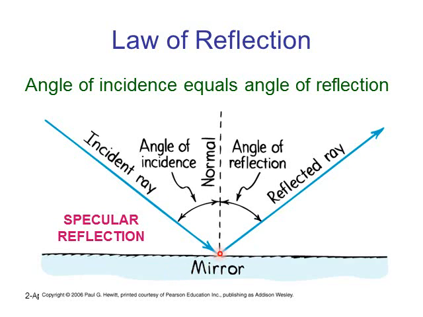For all those different surfaces, we use this normal, which is just a perpendicular line at the point of contact, where the incident ray hits the mirror and the reflected ray comes off. These two angles are always going to be the same. The angle of incidence is always going to equal the angle of reflection. So that's how you can tell where it's going to bounce to.